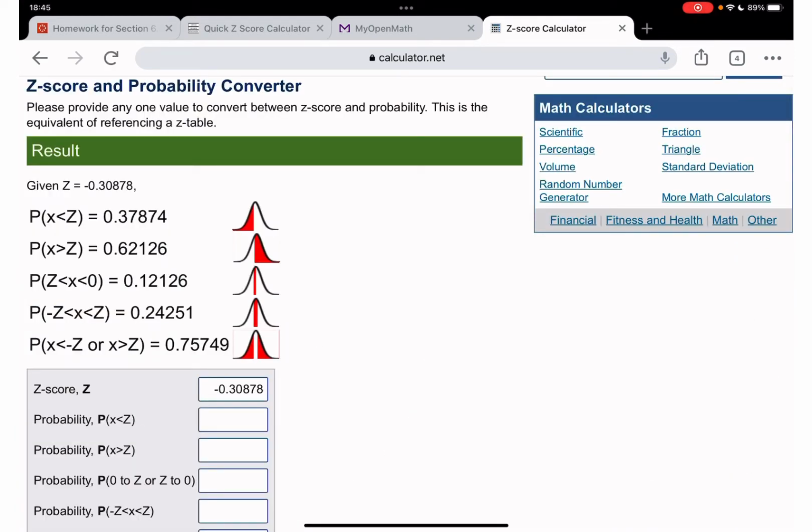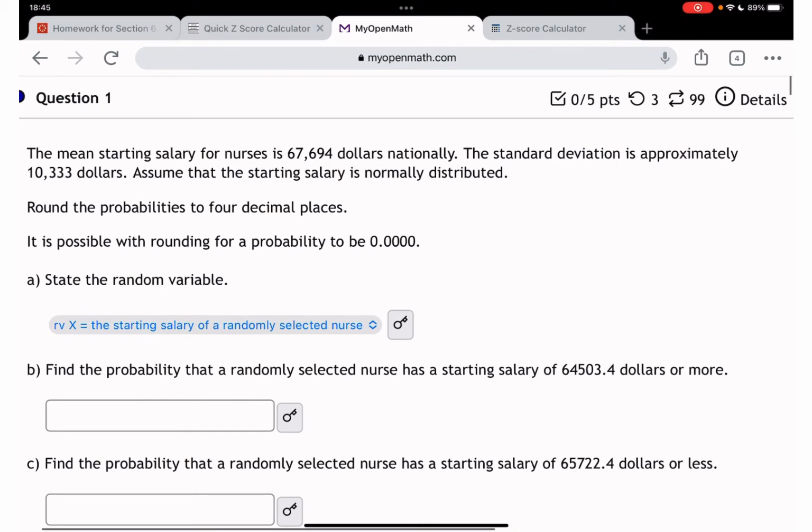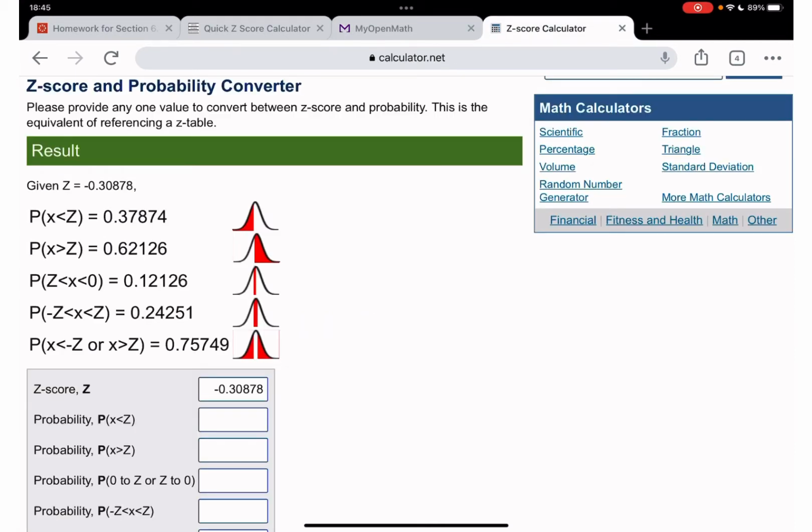Okay, so which one is my answer? Let's look back to our homework. It says find the probability that a randomly selected nurse has a starting salary of $64,503.4 or more. Every time we have more, we use x greater than z.